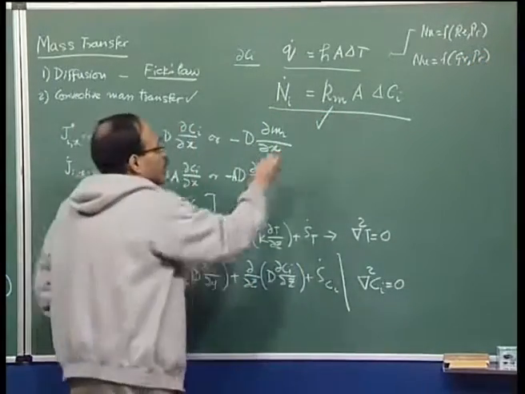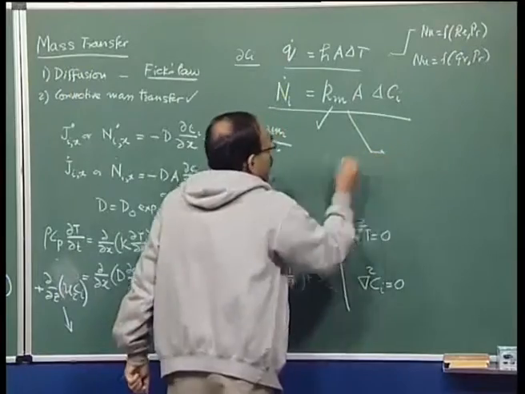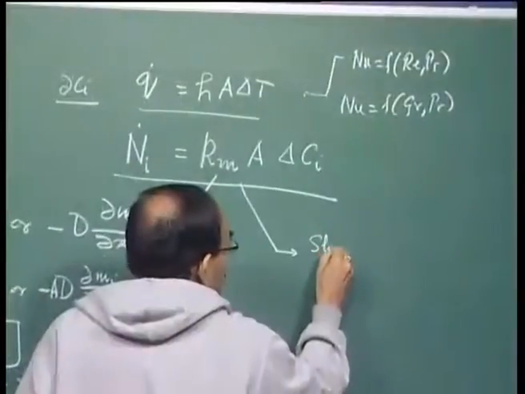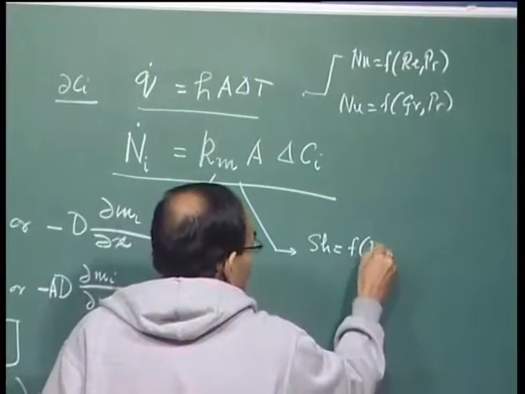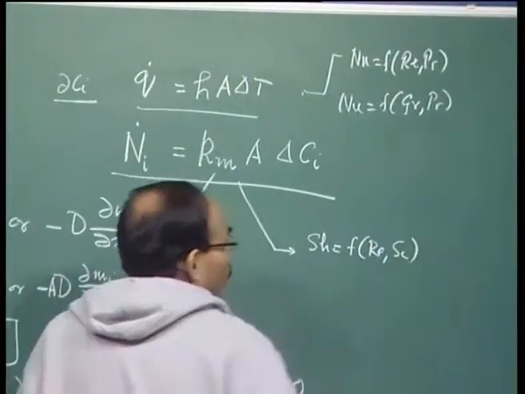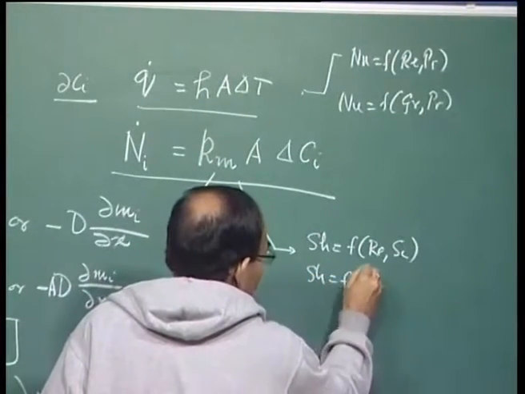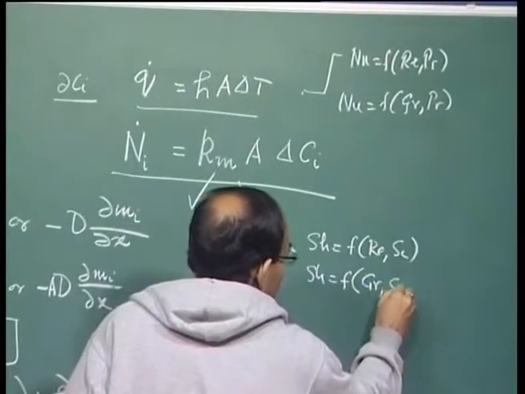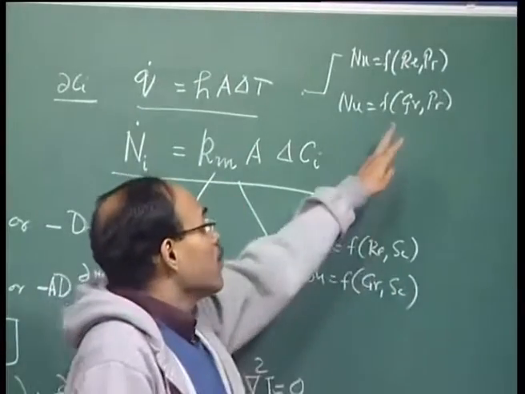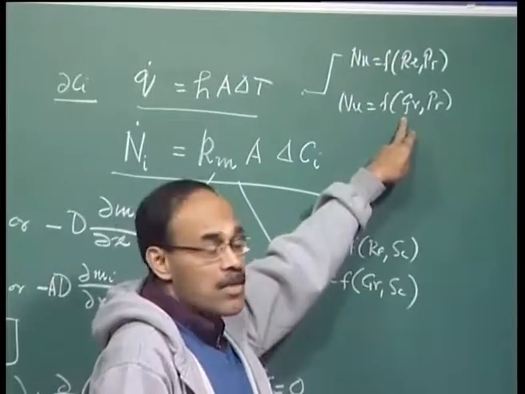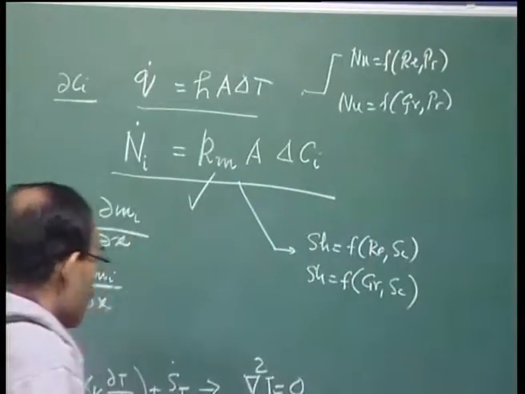Similarly, in the case of mass transport, in place of Nusselt's number we have what is called Sherwood's number, a function of Reynolds number and Schmidt number, and Sherwood's number as a function of Grashof's number and Schmidt number. This is often called the material Grashof's number, and this is the thermal Grashof's number. So, there is some difference between the two.